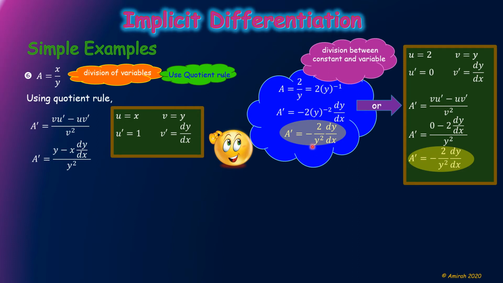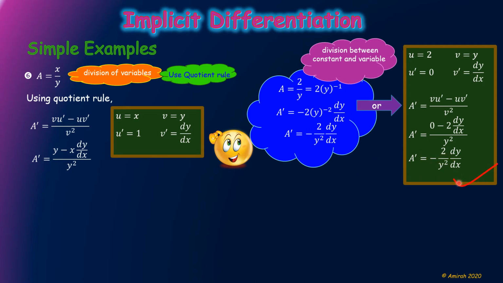So it is equivalent to when we differentiate using the generalized power rule, right? It means that when we have division between constant and variable, we can use the generalized power rule.